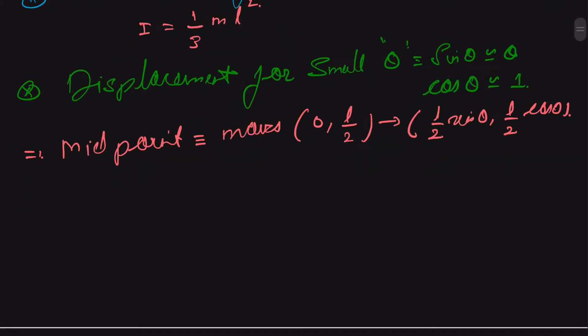And by small angle approximation it comes as L by 2 times theta and simply L by 2.